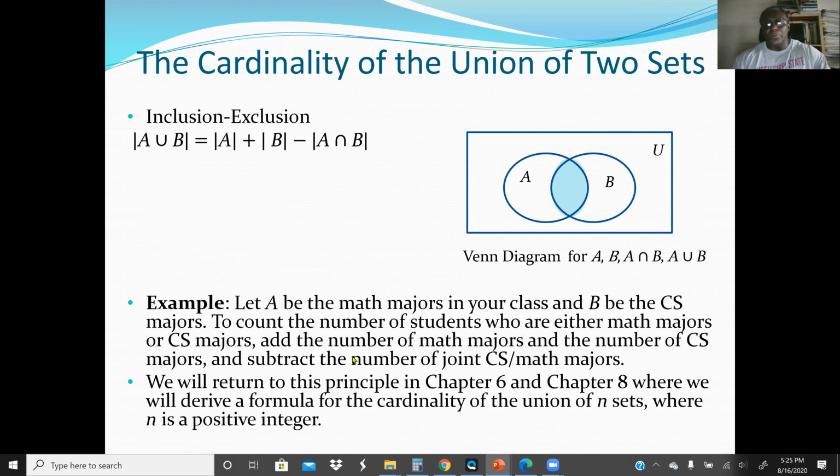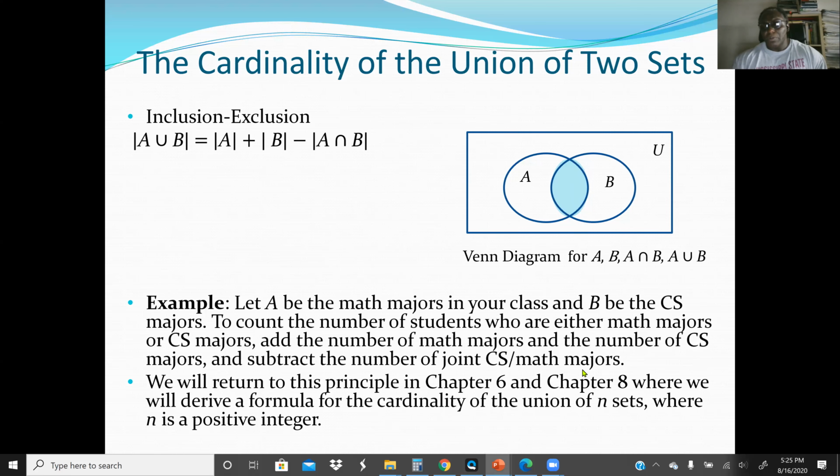So this is an example. Let A be the math majors in your class and B be the computer science majors. To count the number of students who are either math majors or computer science majors, add the number of math majors and the number of computer science majors, and then subtract the number of joint students, those taking both computer science and math.